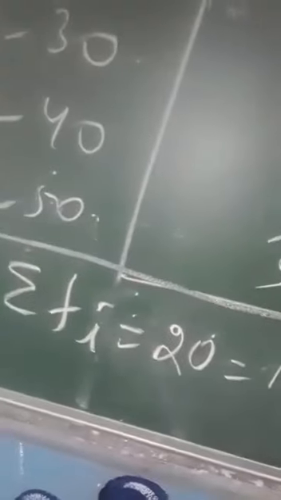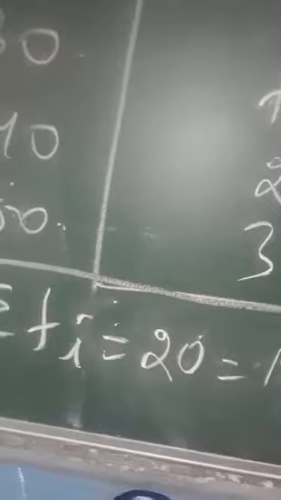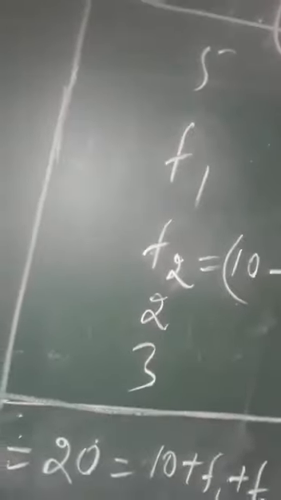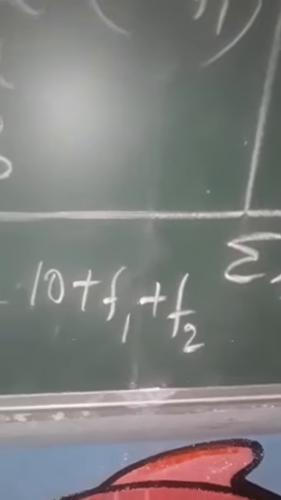Since it was given to us that summation fi is equal to 20, we will add the given terms 5 plus f1 plus f2 plus 2 plus 3. It will give us 10 plus f1 plus f2.